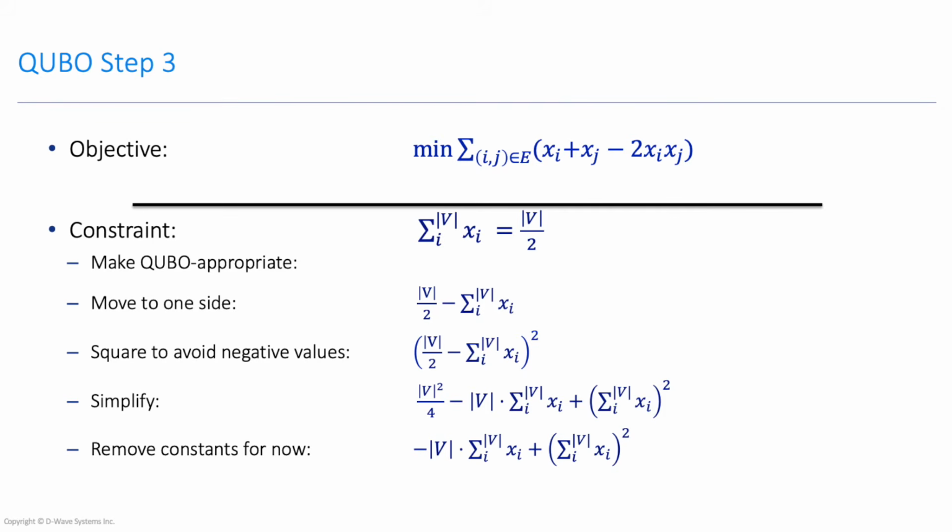The squaring makes it a parabola and gives it a minimum. We simplify, we do the algebra. I have 3 terms now, and I'm going to remove the V over 2 divided by 4 for the moment, but we will come back to it. What I have left is minus V times the sum over xi plus the sum over xi squared.